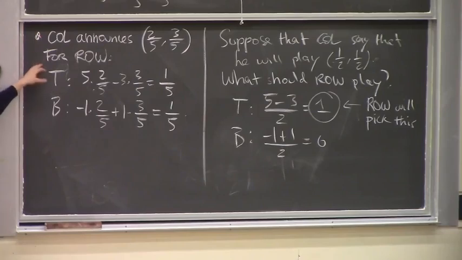But it also has the property that regardless of what row does, he can make sure that the utility he gets is no bigger than 1/5. So each of these proves that the other is optimal. These are strategies analogous to the random ones for rock, paper, scissors.